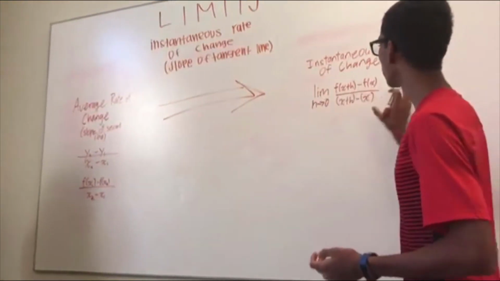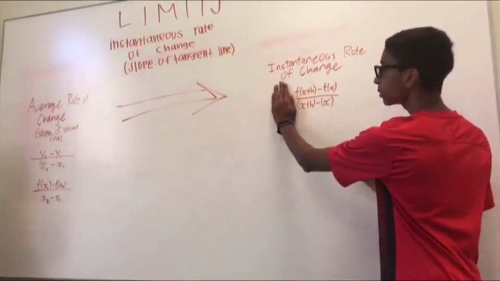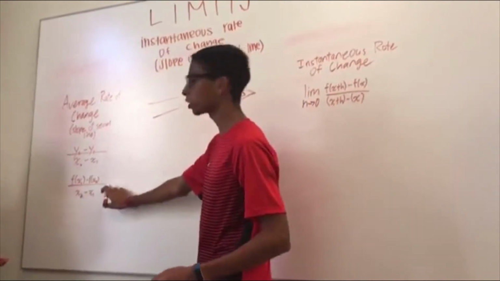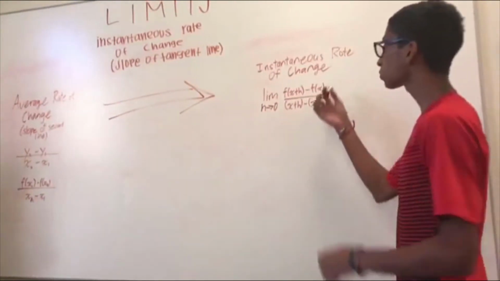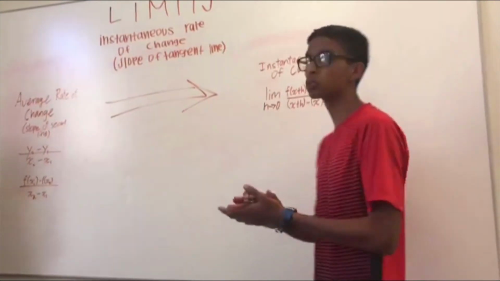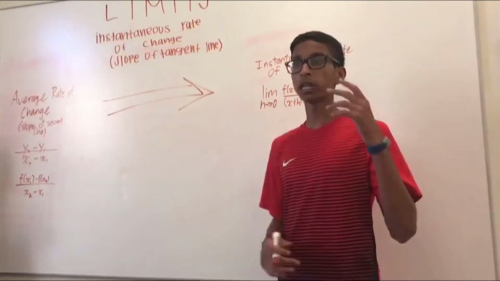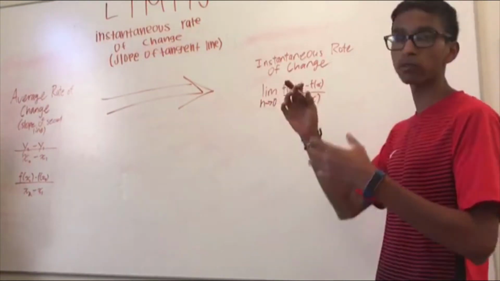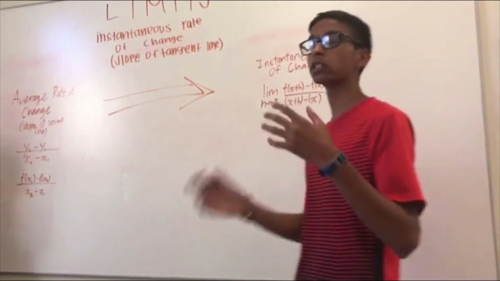As you can see, this equation by itself without the limit is pretty much just the average rate of change equation, except it has an h. What is the h? The h is the distance from the x value, which is the point where we're trying to find the instantaneous rate of change.